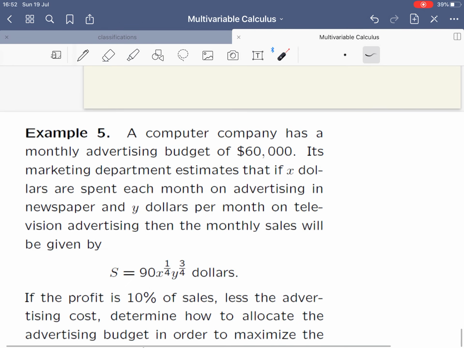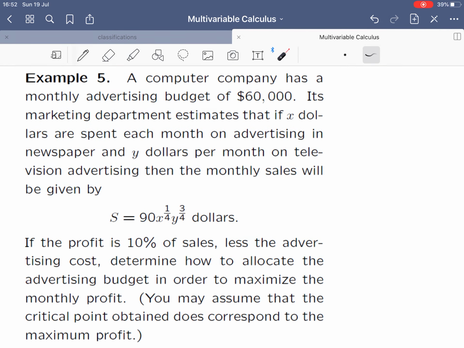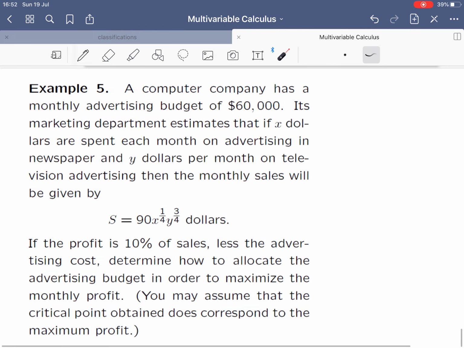So let us look at this example, and this example will also ensure that what you find as the critical point using your Lagrange multiplier does correspond to the maximum or the minimum that you need.